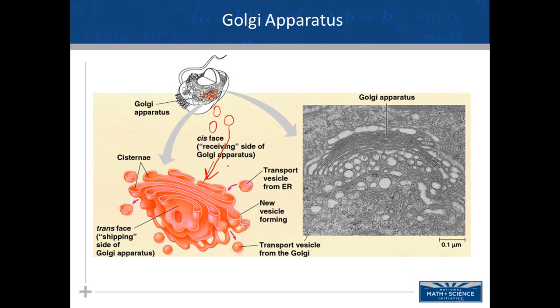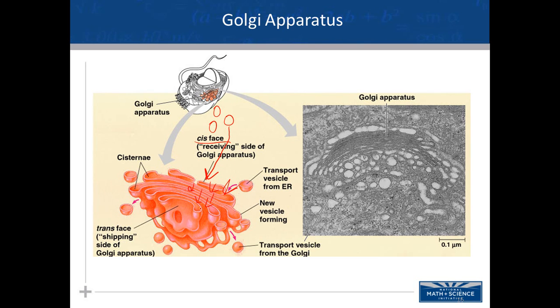The Golgi apparatus has two distinct faces. Where the little vesicles come in to dock, if you will, is called the cis face, or the receiving side of the Golgi apparatus. The material now is going to go from compartment to compartment.